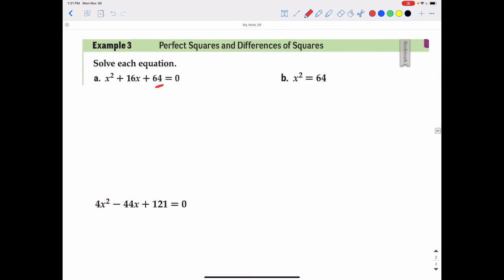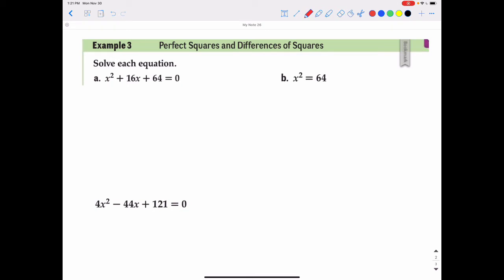The last term doesn't have an x, so you can't take an x out. And the coefficient of the first term is just a 1, so we can't factor out a single number either.